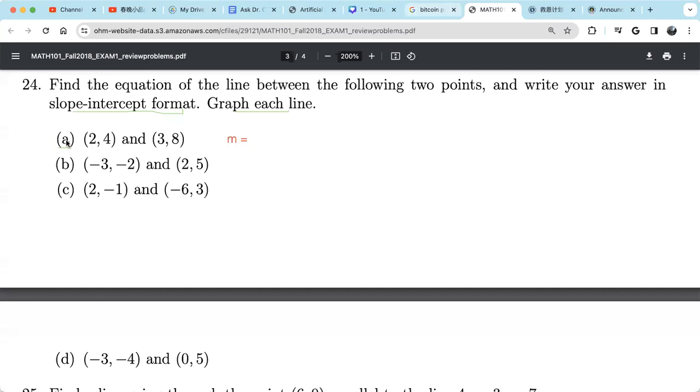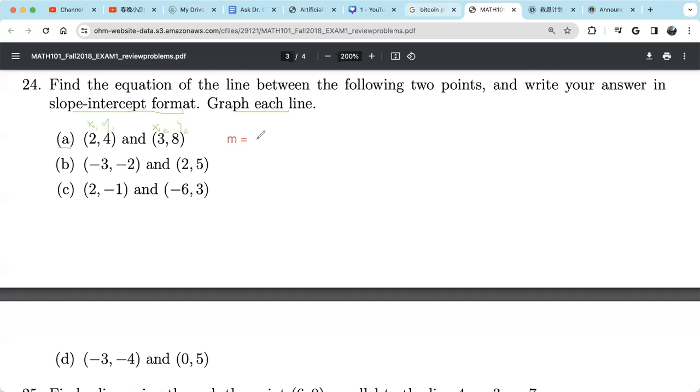We could call this (2, 4) the first point, x1, y1, and the second point x2, y2.